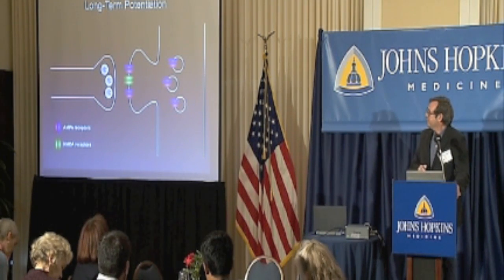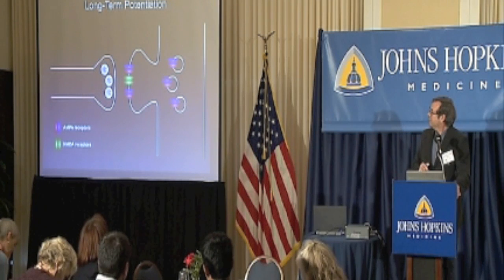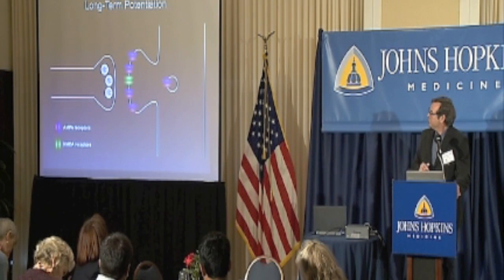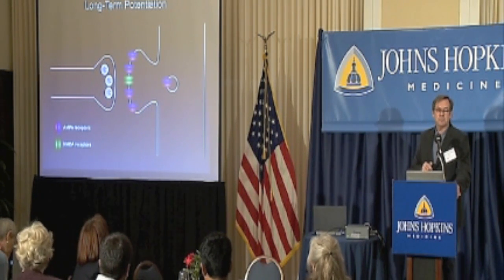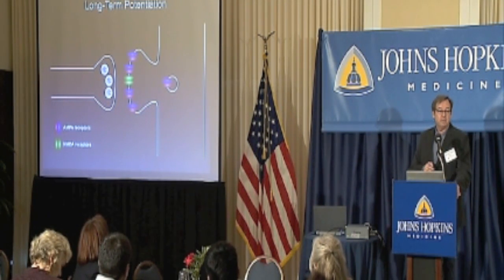And what we and others have found is that during LTP, receptors are actually recruited from intracellular stores and then inserted into the plasma membrane. So these additional receptors then make the synapse stronger and increase the connectivity between those neurons within the circuit.